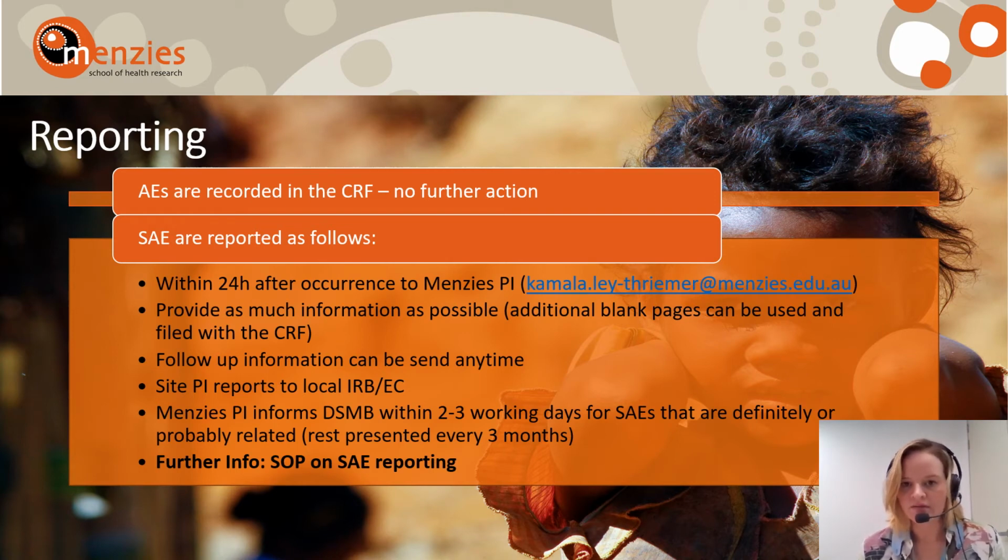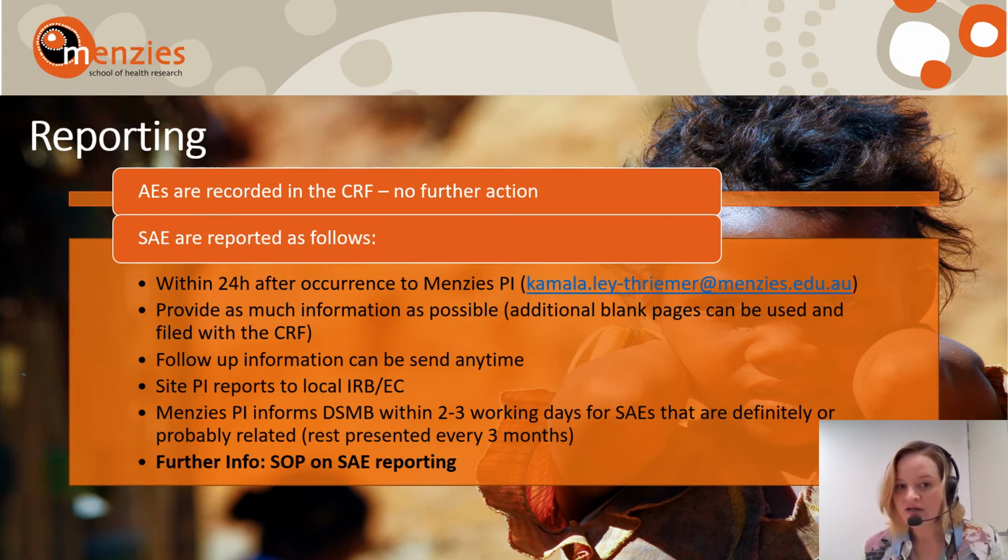That includes discharge summaries, medical reports, and medications that the participant has been administered, and it is the responsibility of the site PI to report to the Institutional Research Board and Ethics Committee.